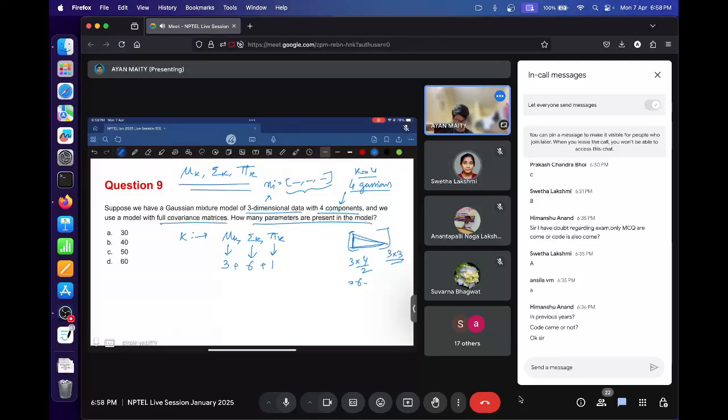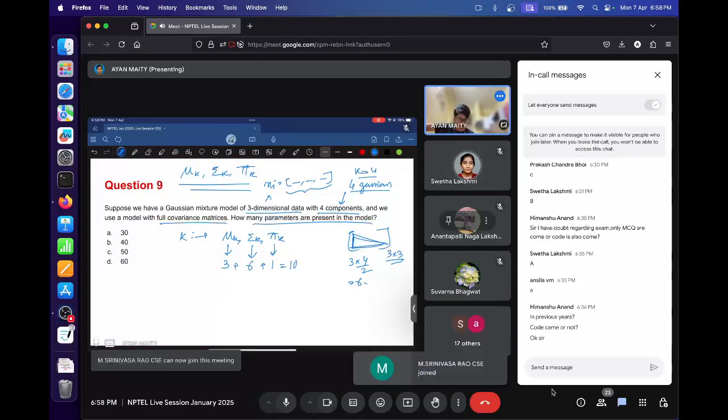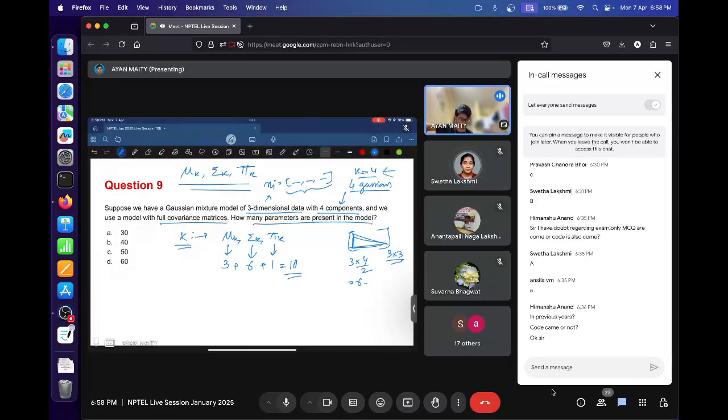So in total we get 10 parameters for one cluster. Total number of clusters is 4 here, since it is written 4 components. So total number of parameters should be 10 into 4, 40.